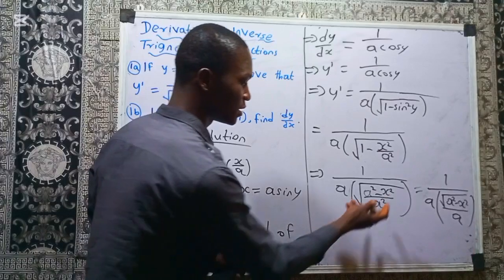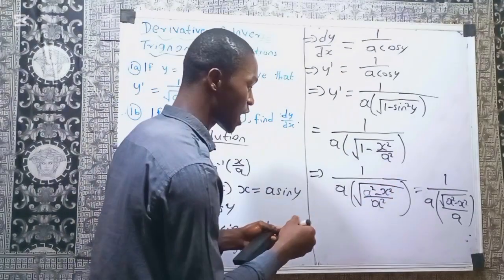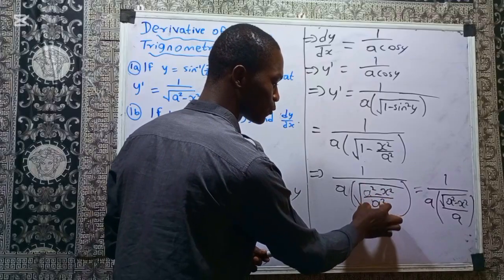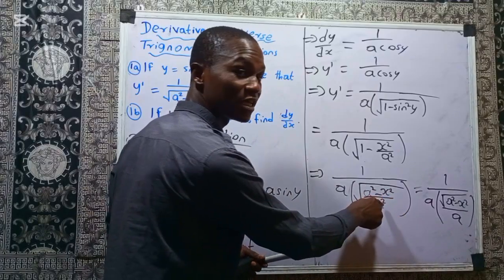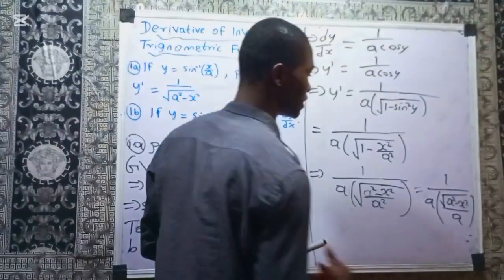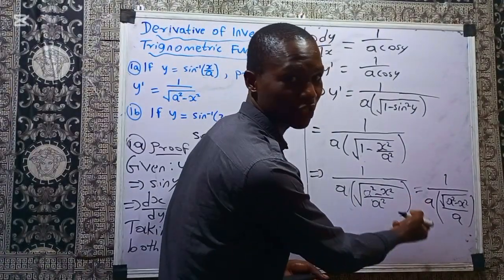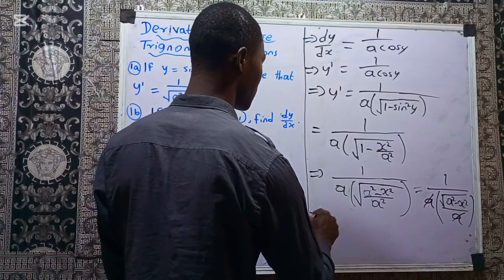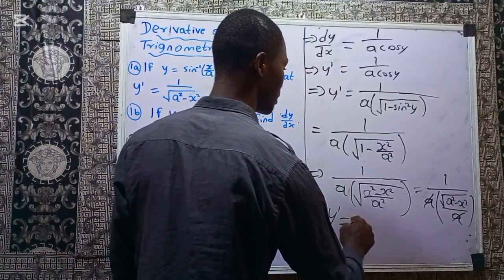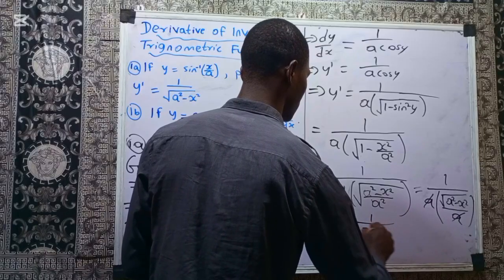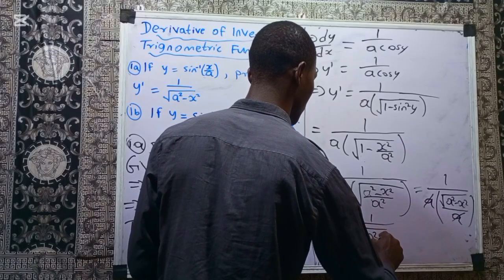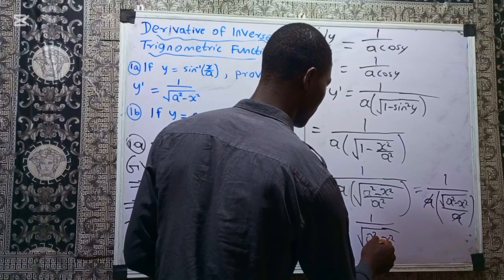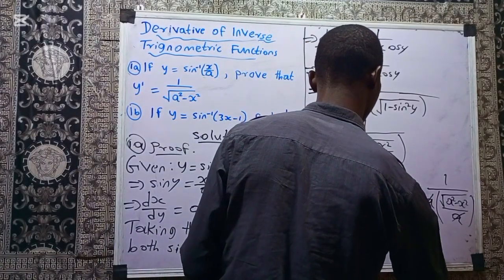So what I did is the square root of the numerator over the square root of the denominator. But square root of a squared is the same thing as a, and we have a outside multiplying this a, so they will get cancelled. So what do we have? This implies that our y prime is equal to 1 over square root of a squared minus x squared. So with this we are proving what they asked us to prove.